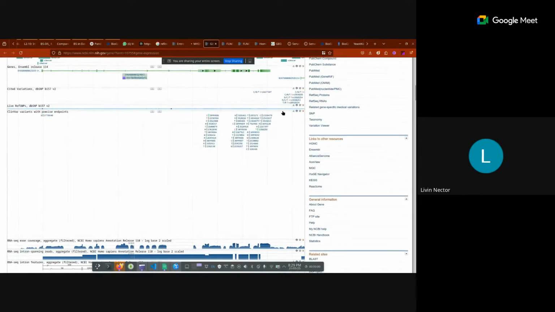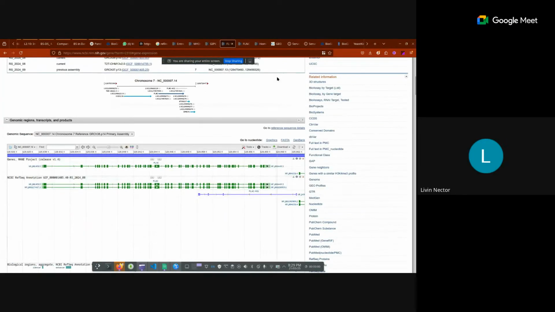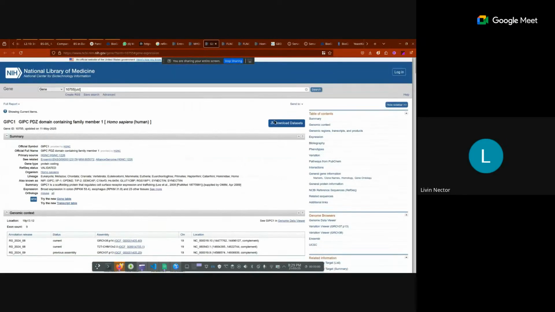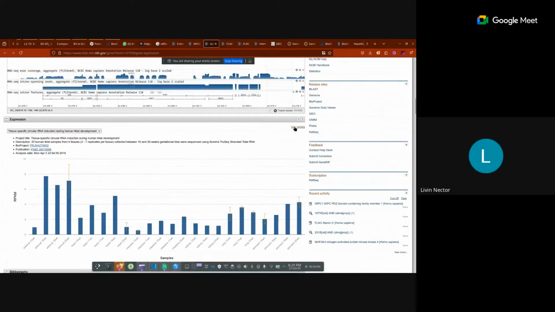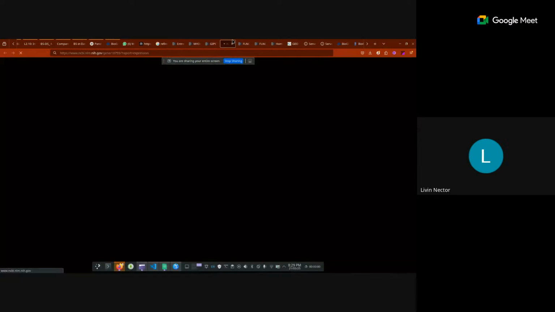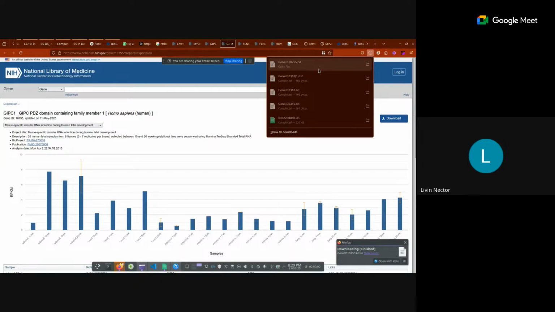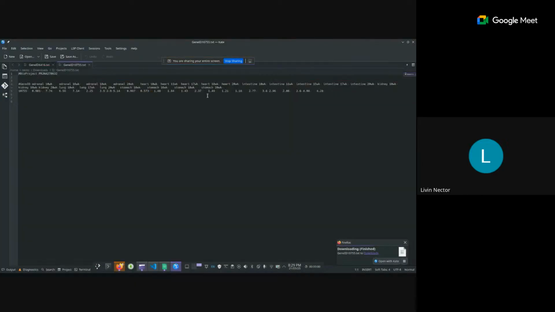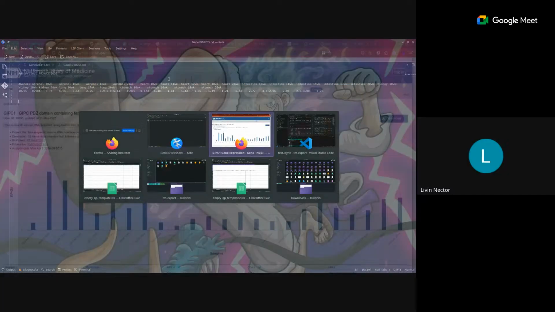So this gene expression can be downloaded as a text file. We need to parse the gene expression and then store it in a suitable format.